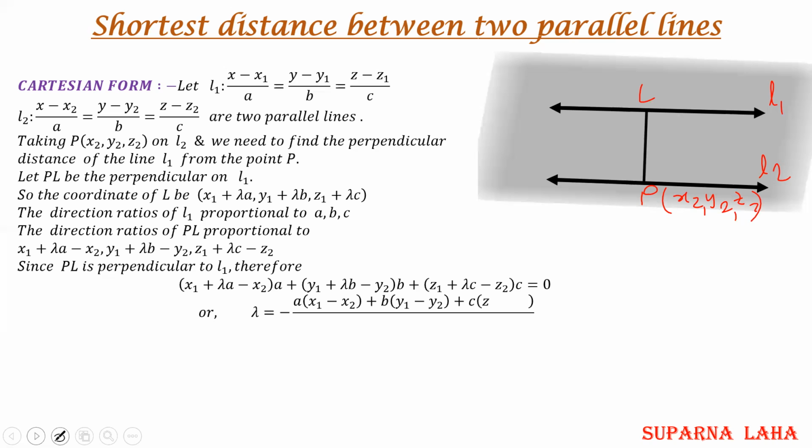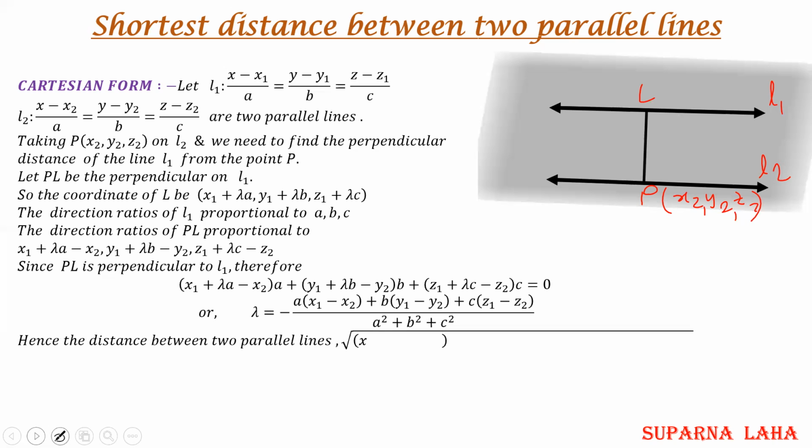Here I am again doing the same thing we did before, the Cartesian form for the perpendicular distance from a point to a line. You can also apply the formula here, and you can easily find the value of lambda or the distance between these two parallel lines. But for theory purposes, I'm just explaining this once again.